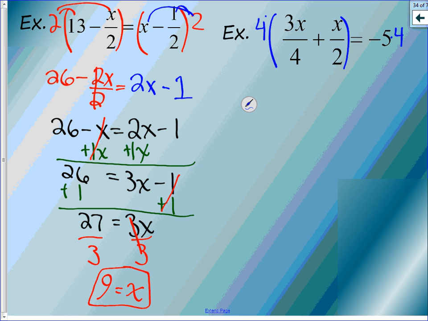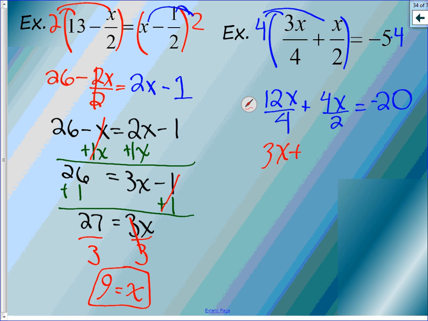So if I multiply by 4, I get 12x over 4 plus 4x over 2 equals negative 20. And again, if I do it correctly, I won't have any fractions. So what do I get when I simplify these fractions? 3x plus 4.